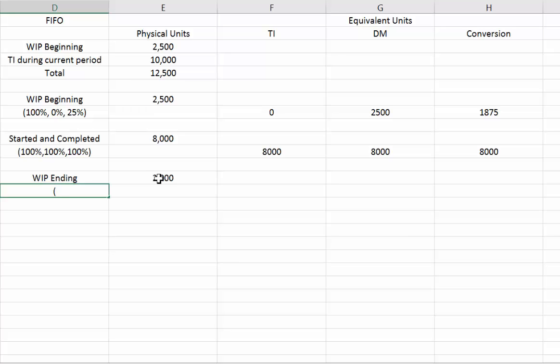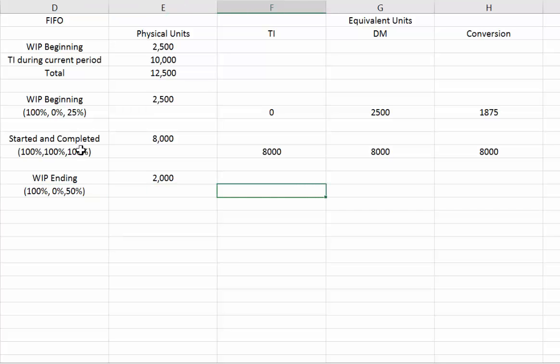For the TI, you have to go from 0 to 100%. For the DM it is going to be 0%, because you do nothing with that, you have no cost investment. For the conversion cost, it says 50%, which is perfect.